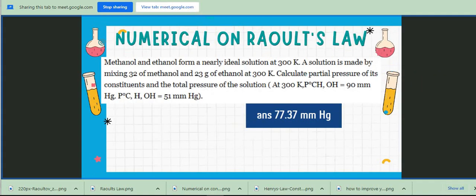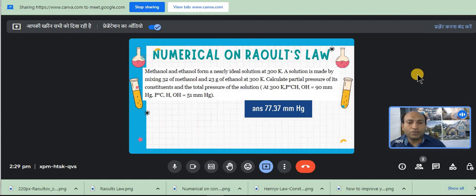Let us try this numerical. You can pause the video and try from your end. Methanol and ethanol: you know the formulas, methanol CH3OH and ethanol C2H5OH. First find the molecular mass. 32 grams of methanol is given, so you can find moles, and then 23 grams of ethanol is given, so you can find moles.